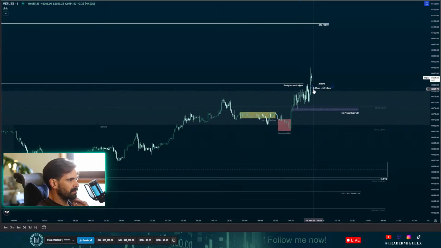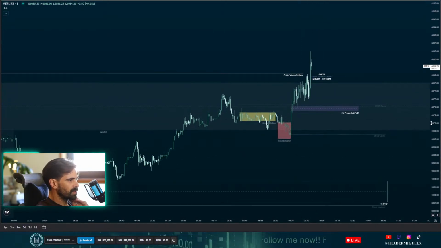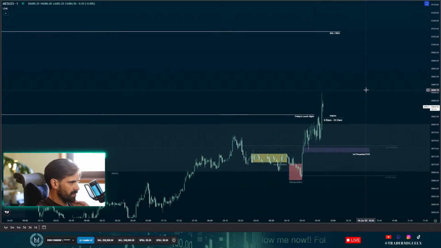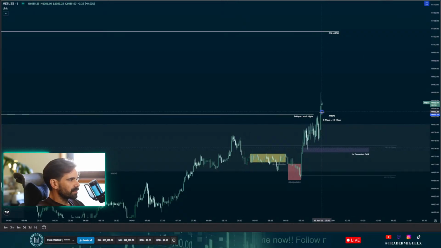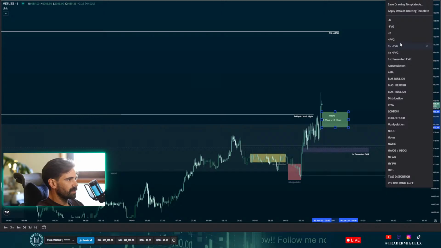But these cases can be one of those where price just forms a fair value gap right outside the NWOG. Everybody thinks that this is a breakout, and then the bullish fair value gap gets inverted and we seek lower. So I will give it some time. But so far, I'm liking this action for the bullish side.